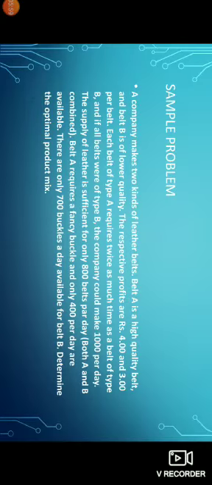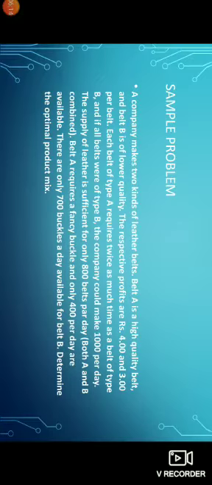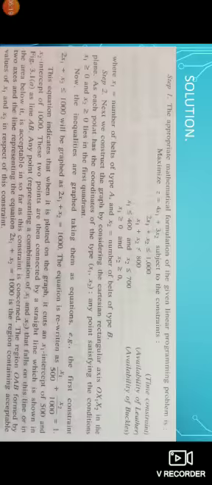That means your problem is profit, so it is the maximize form. Maximize z is equal to 4x1 plus 3x2. This is the objective function. Profit rupees 4 and 3, this is the 4x1 plus 3x2.